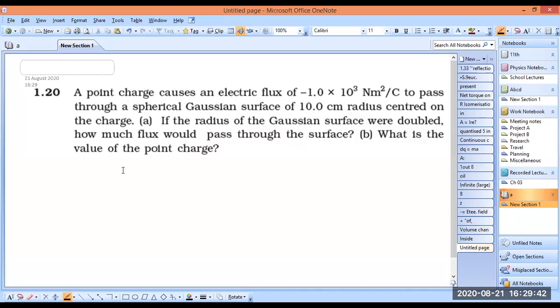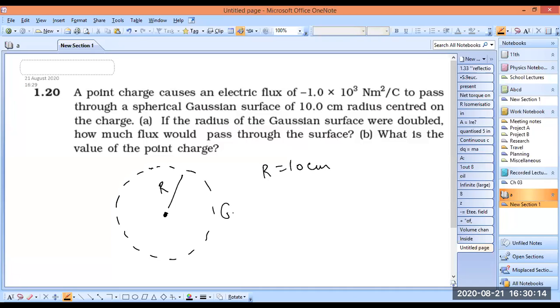A point charge causes an electric flux of -1 into 10 raised to 3 Newton meter square per coulomb to pass through a spherical Gaussian surface. So suppose here is a point charge, and there is a spherical Gaussian surface of radius 10 centimeter.